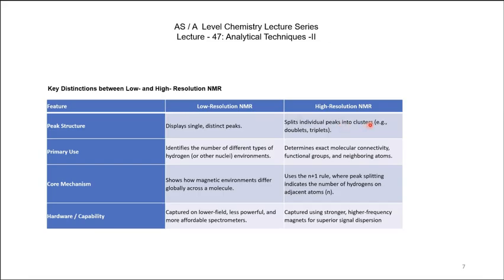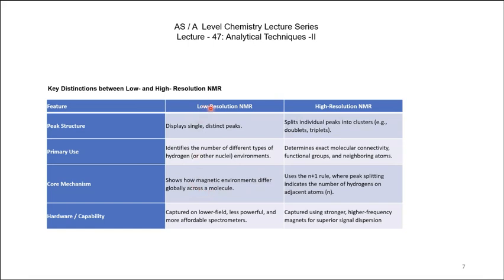And there we can see doublets, triplets, quartets. The primary use of low resolution is to identify the number of different types of hydrogen or other nuclear environments. But in high resolution, it determines exact molecular connectivity, functional groups, and neighboring atoms. And the core mechanism is how magnetic environments differ across the molecule.